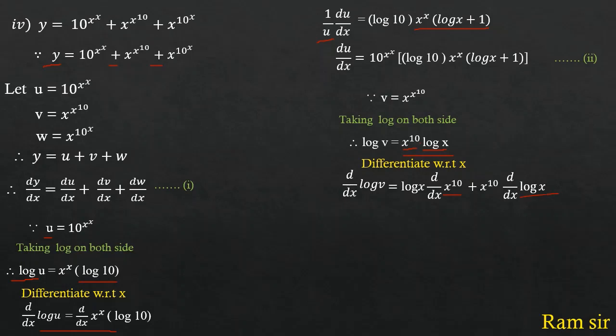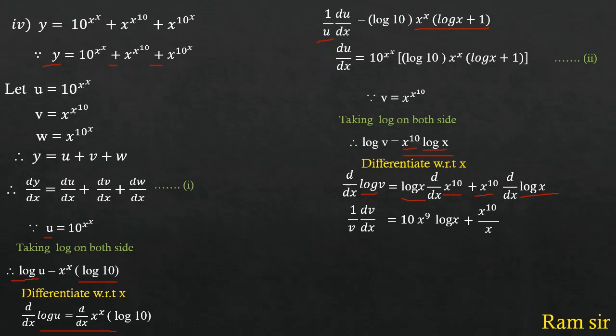So बस खाली फॉर्मूला अप्लाई करना है, आंसर मिल जाएगा. log v का डेरिवेटिव इज 1 upon v dv by dx. बार बार वही चीज़ कर रहे हैं. log u का 1 upon u du by dx, and in next step log x will write down as it is, and x raised to 10 का डेरिवेटिव is by formula of x raised to n we can write down 10 into x raised to 9, and log x को हमने as it is मल्टीप्लाई किया, plus x raised to 10 as it is डिवाइड बाय डेरिवेटिव ऑफ log x के वजह से जो x मिला in denominator will write down.